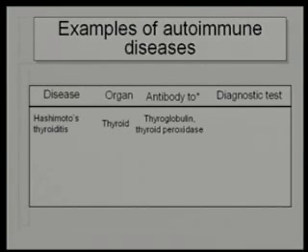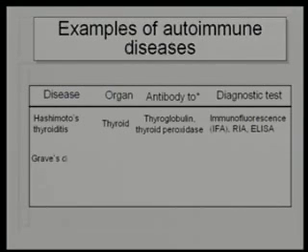Immunofluorescence, tissue-bound, okay? Immunofluorescence. If it is soluble antigen, what are you going to use? Either ELISA, radioimmunoassay, or passive hemagglutination, passive agglutination. Immunofluorescence and ELISA are the tests, and I want you to know that.